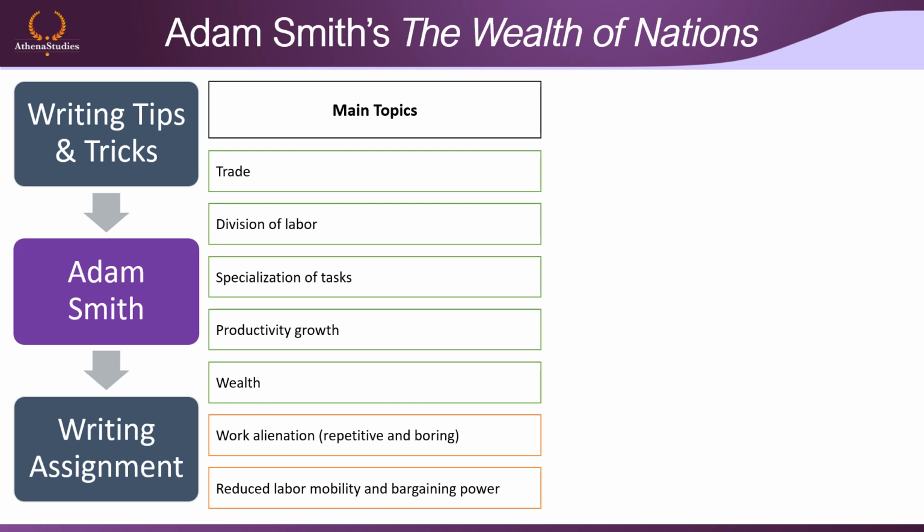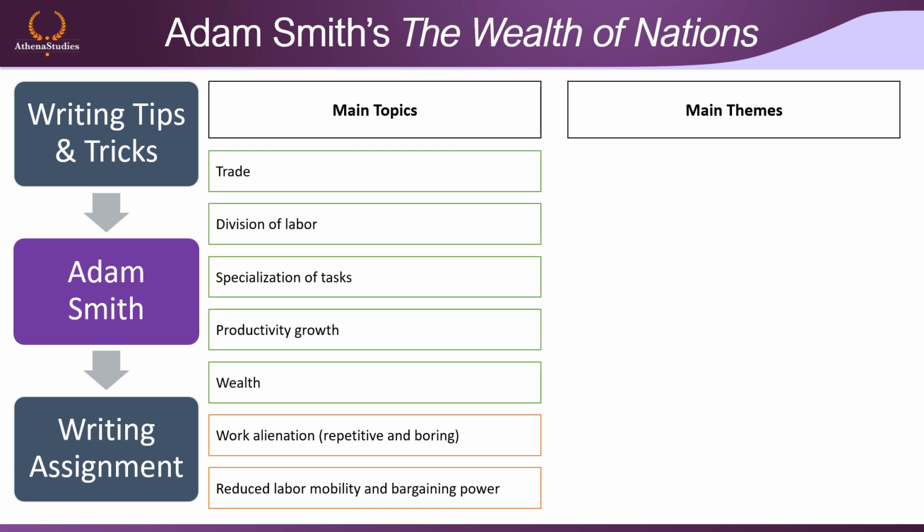People get demotivated from what they're working on because it's always the same and there is nothing different. And finally, there is reduced labor mobility and bargaining power, which means that since people always have to be at the same place and cannot go anywhere else, there is reduced mobility, so they cannot do anything but the thing they're specializing in.